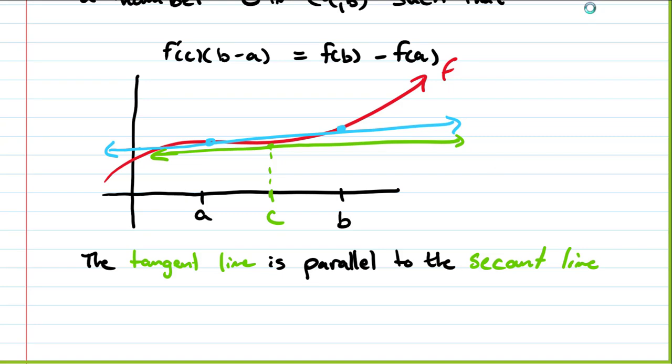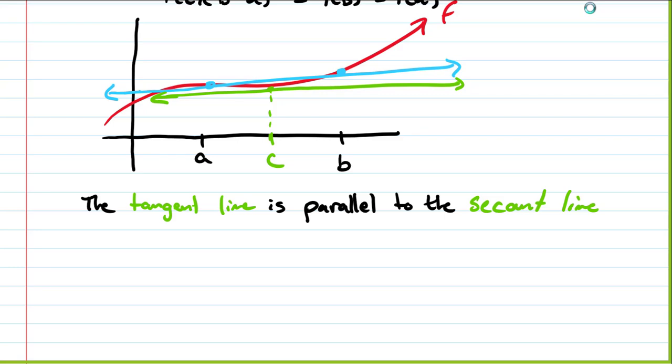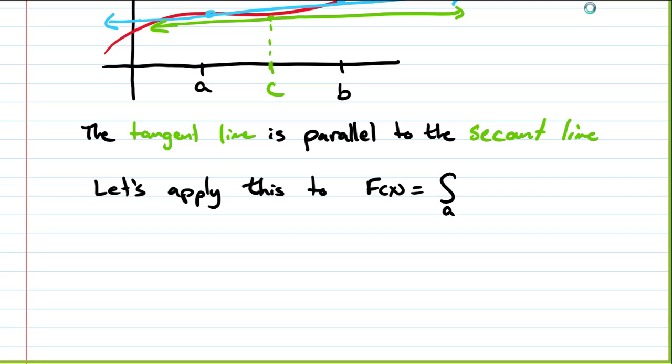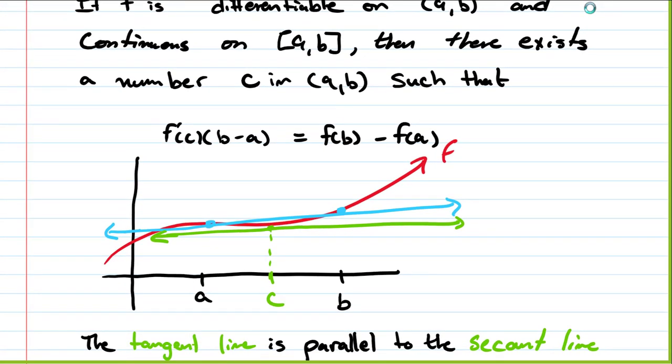So we want to generalize this to integrals. So let's apply this to capital F of x, which is equal to the integral from a to x of f of t dt. So if we have a function now that is defined in terms of an integral, we want to apply the mean value theorem.